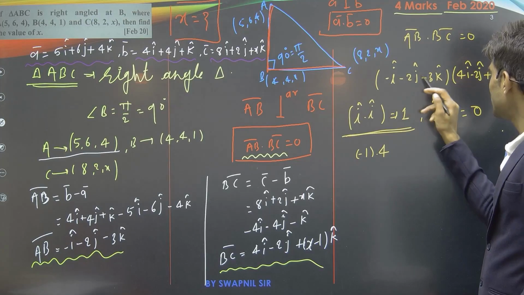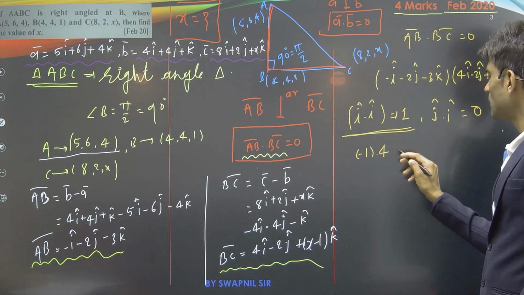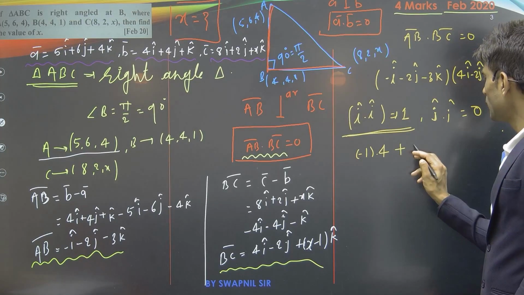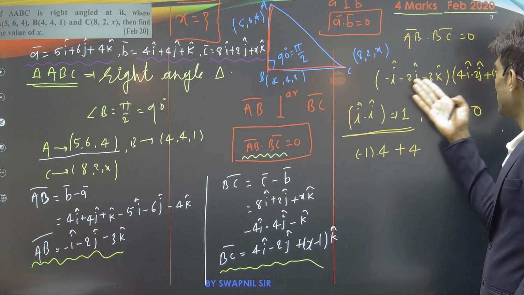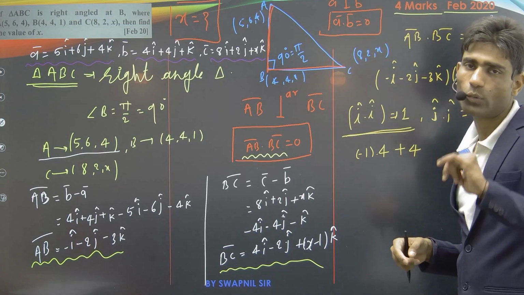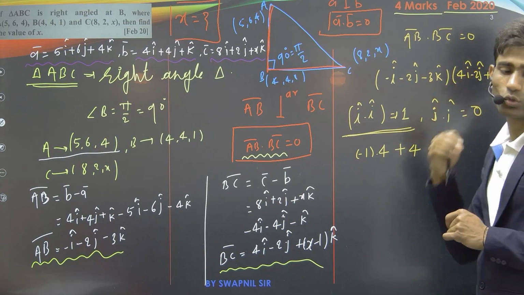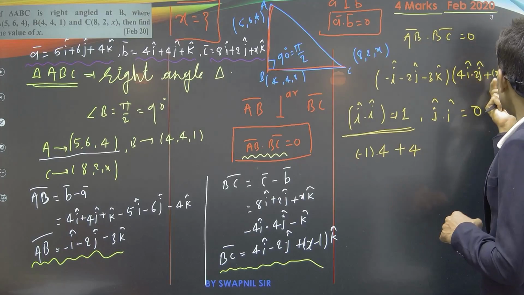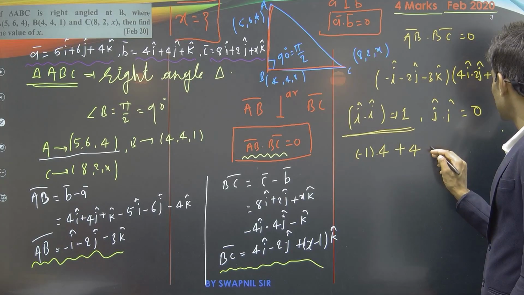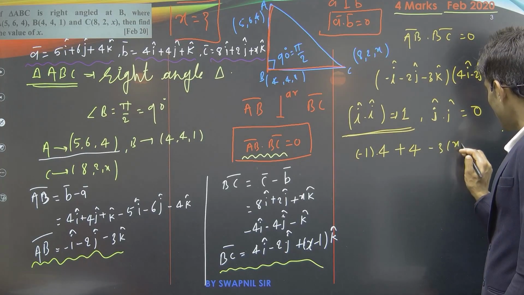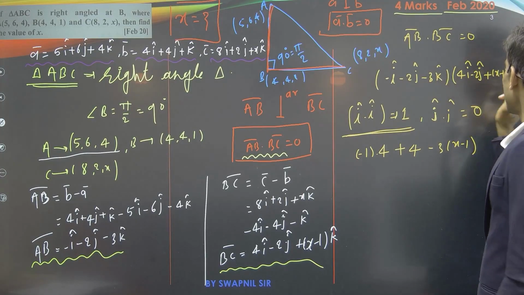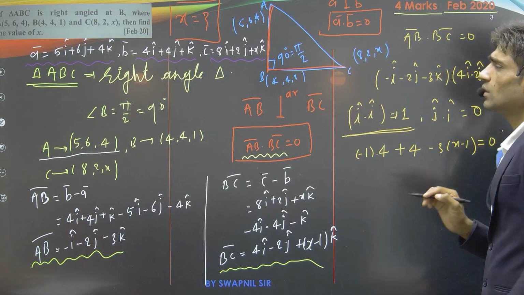Negative 2 j cap times negative 2 j cap, so negative 2 multiplied by negative 2 we get positive 4, and j cap into j cap goes to 1. Similarly, negative 3 into (x minus 1), and k cap into k cap goes to 1.